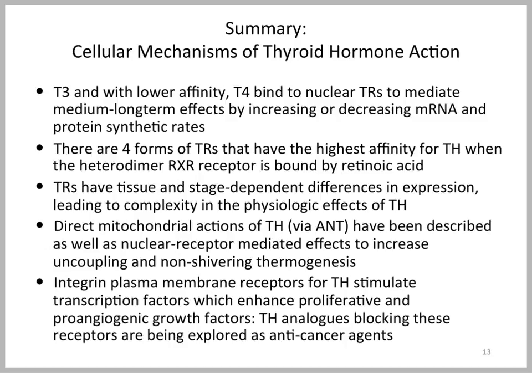And finally, the integrin plasma membrane receptors stimulate transcription factors that enhance proliferative and pro-angiogenic growth factors. And so because they seem to stimulate angiogenesis, these have been explored as agents to try to reduce cancer metastasis. And so that's an exciting new area.